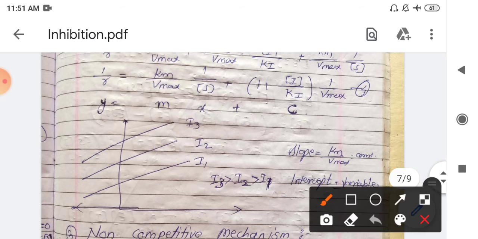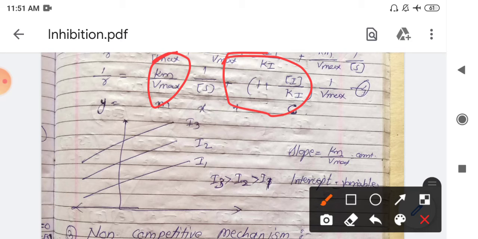If we compare this equation with the standard Lineweaver-Burk equation, we see that the slope is the same as that of the Michaelis-Menten mechanism, but the y-intercept has changed in the case of the uncompetitive mechanism.